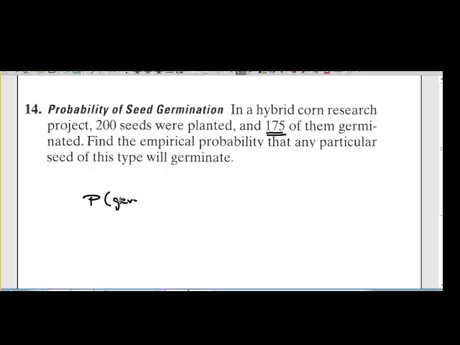Yeah, so the favorable event is germinate. So the probability of germinating is the number of times it germinates divided by the total number of seeds that were planted. And in this case, we simplify it down, and you can divide the numerator and the denominator by 25 to get the simplified result. So the probability is 7/8.